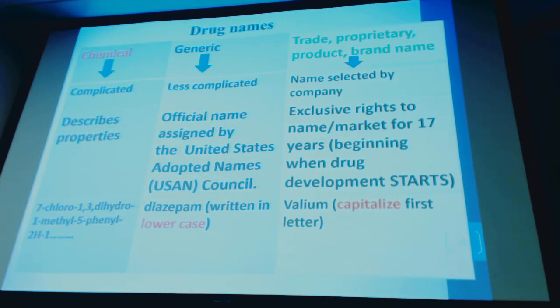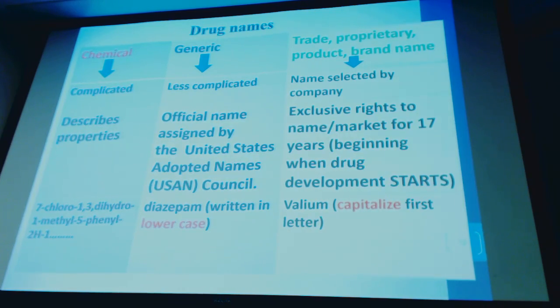All right, so I'm certainly not going to say we're going to remember the chemical names because we will never do it. However, we are going to use generic names in this class. Why? Because that's what you're going to see on your licensing exam.